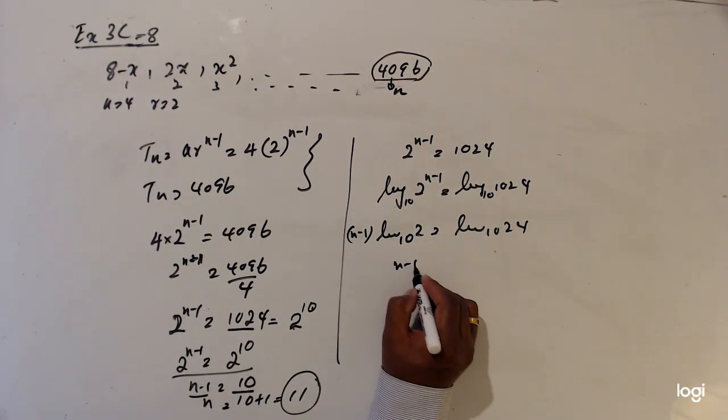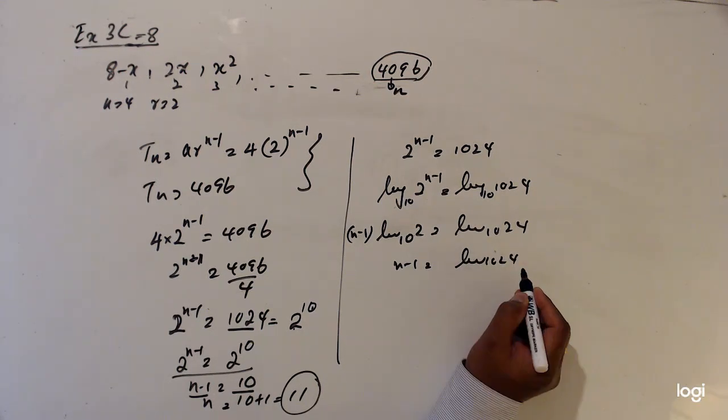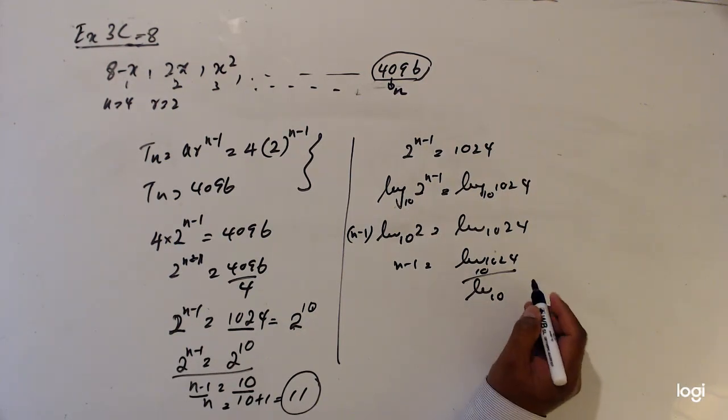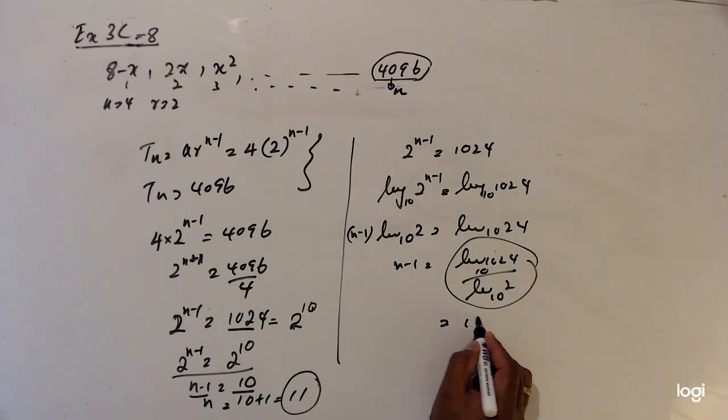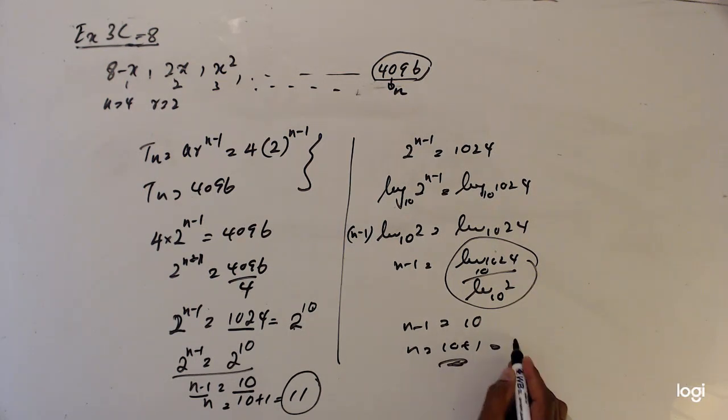Then n minus 1 equals log 1024 divided by log 2. When you simplify, this value is 10. So n equals 10 plus 1, that is 11.